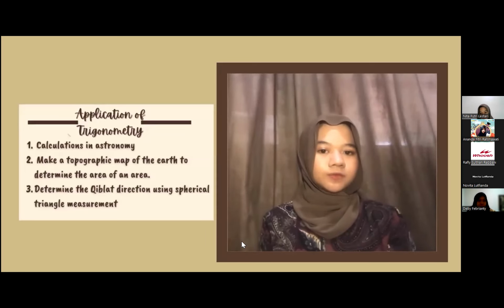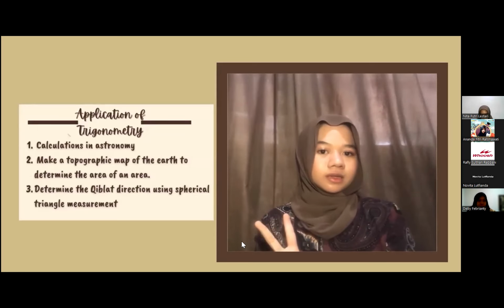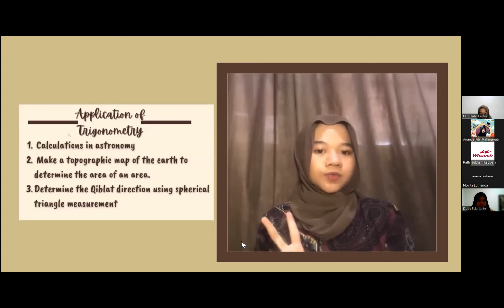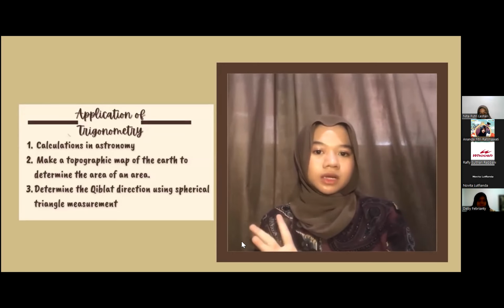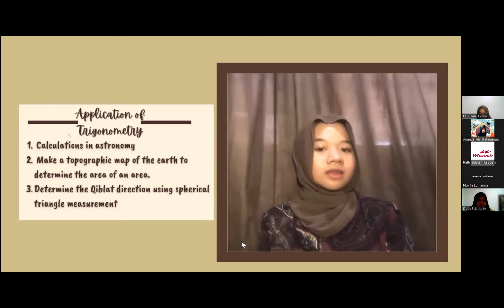Next, the applications of trigonometry: the first is to calculate astronomy, the second is to create a topographic map of the Earth to determine the area of a region, the third is to determine the Qibla direction using spherical triangle measurements.